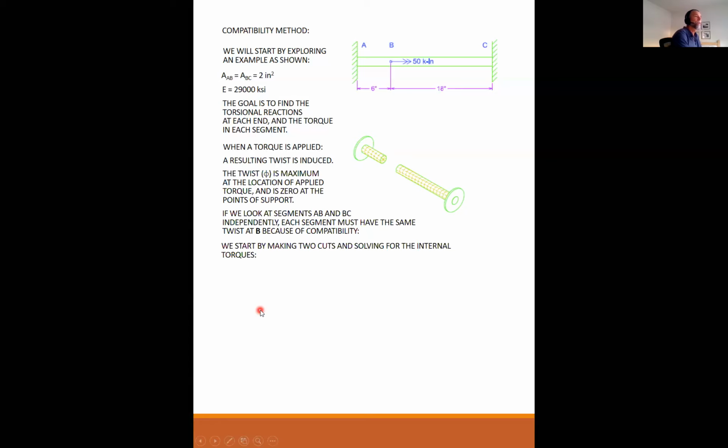So we start by making two cuts and solving for the internal torques. Cut number 1 is a cut somewhere between A and B. Cut number 2 is somewhere between B and C. Okay, so for cut number 1, and here's my free body diagram, by the way.